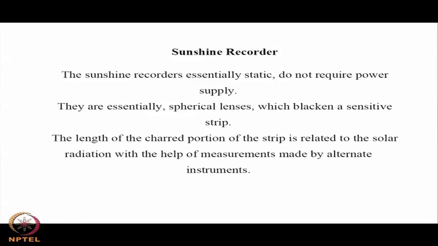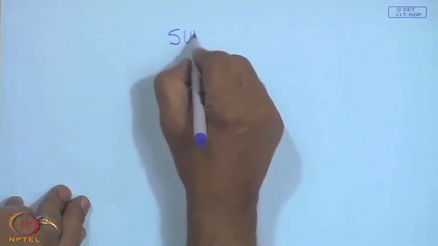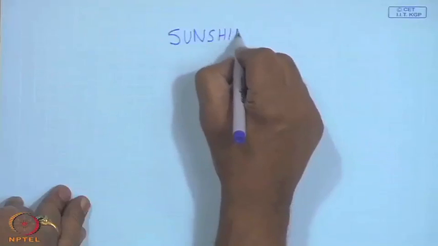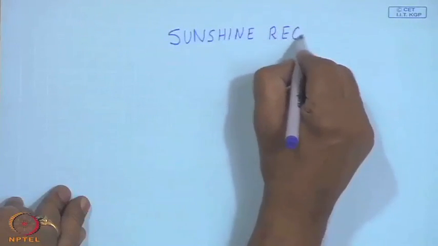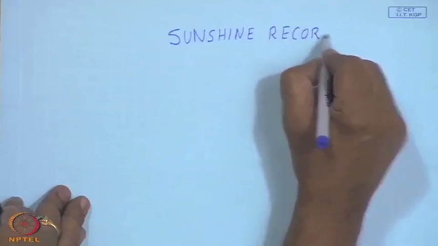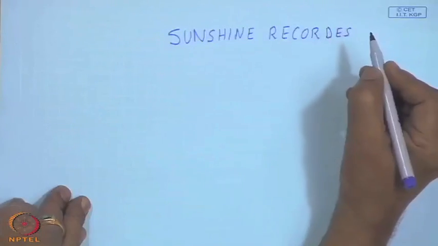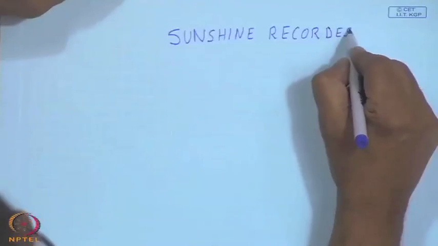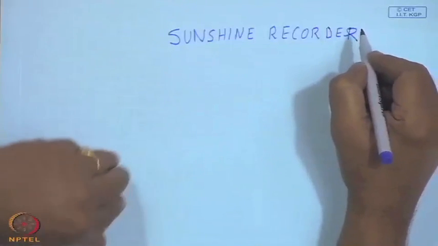Now, we come to a very commonly used instrument in many meteorological stations, and it also has reliability, though it may not be as expensive, may not be as accurate as the pyranometers or pyrheliometers.